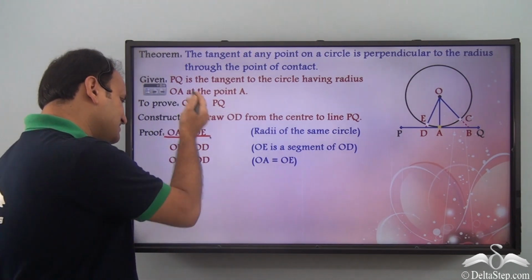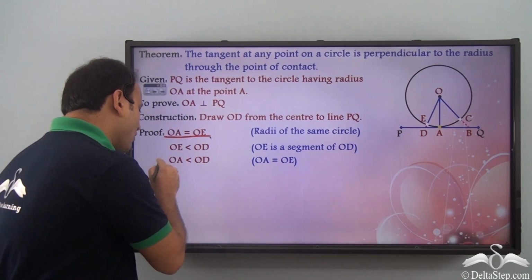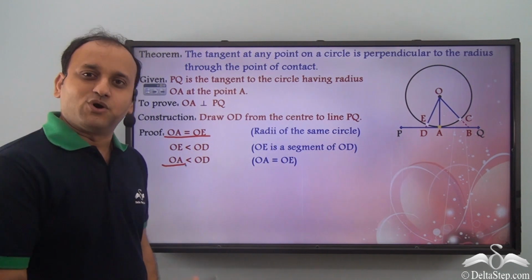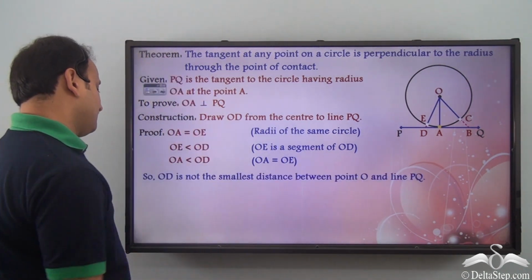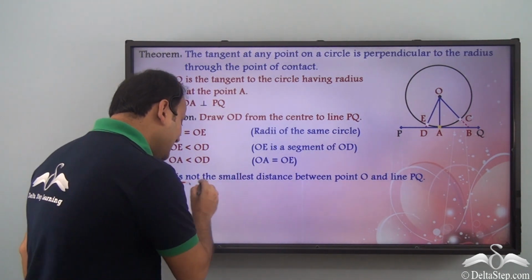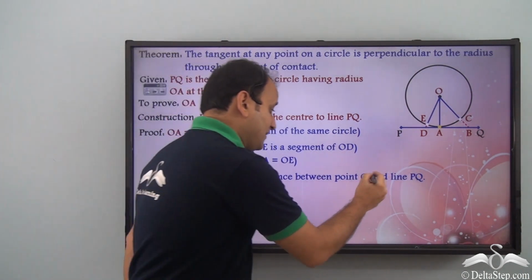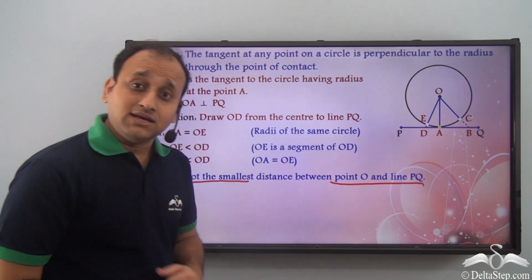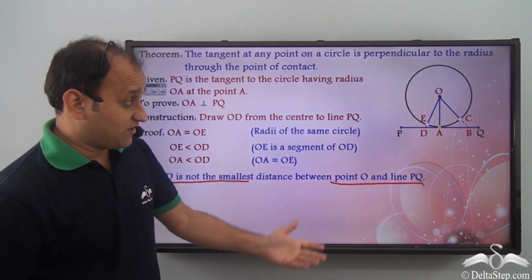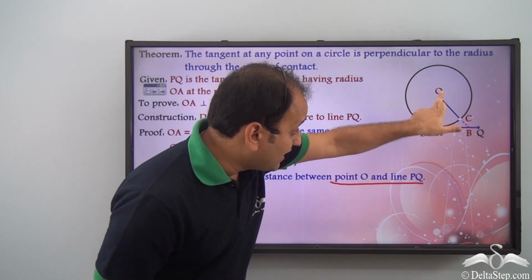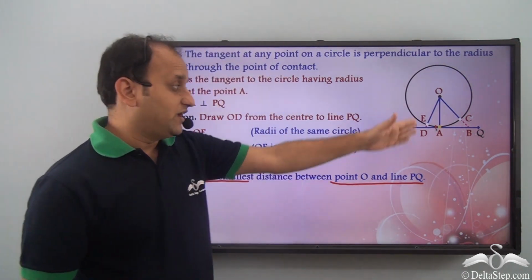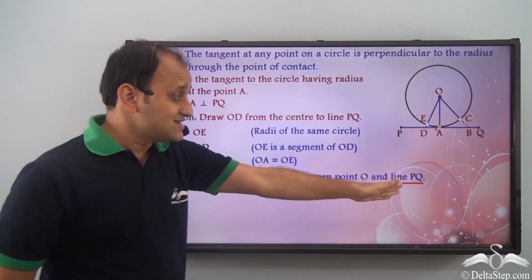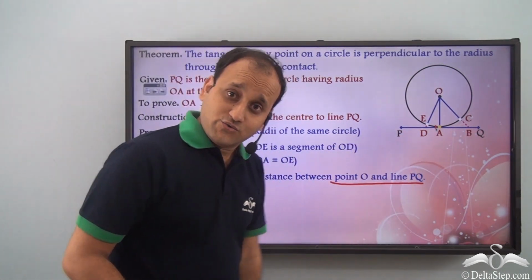So again, we can say that OD is not the smallest distance between the center O and the line PQ. Definitely OA is smaller than OD.